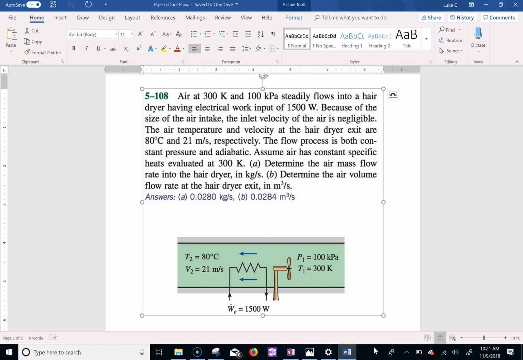The air temperature and velocity at the hairdryer exit are 80 degrees C and 21 meters per second. All right, the flow process is constant pressure and adiabatic. Assume air has a constant specific heat at 300K, which is the values we've been using. Determine the mass flow and the volume flow. Okay. So what does adiabatic mean? There's no Q going through the boundary, correct?